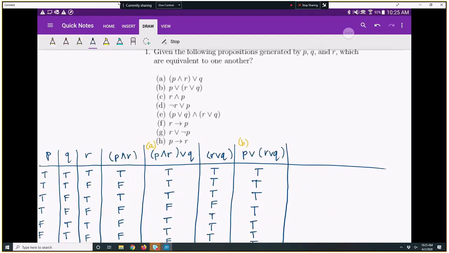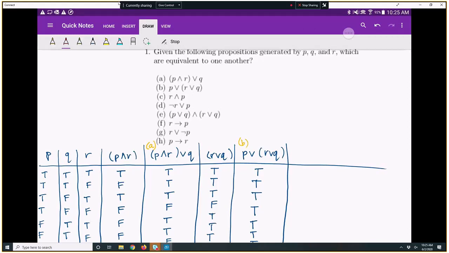For C, I need R and P. R and P is the same as P and R, which I already have here in my table.